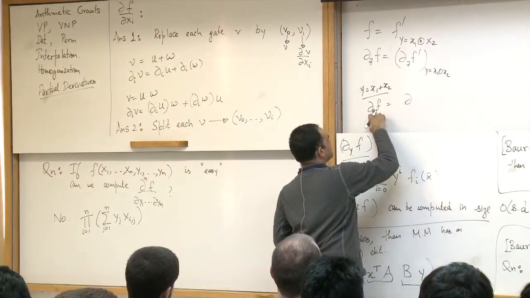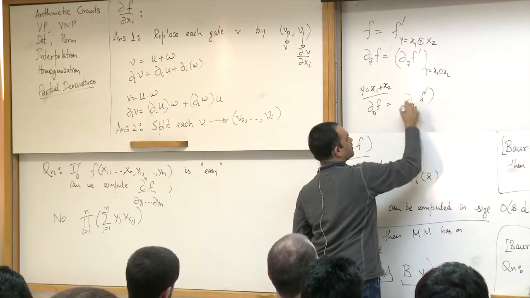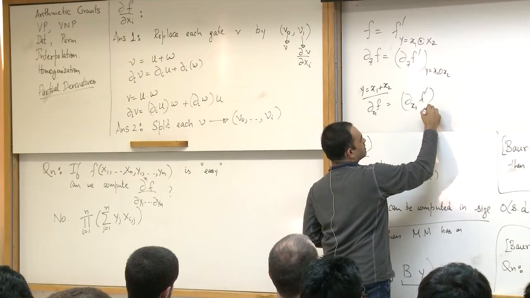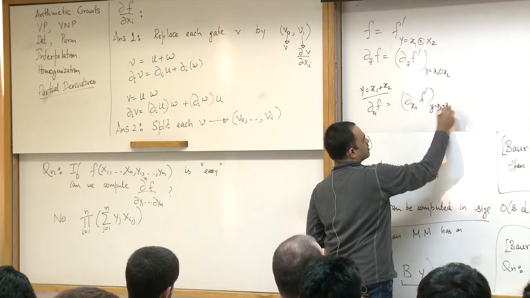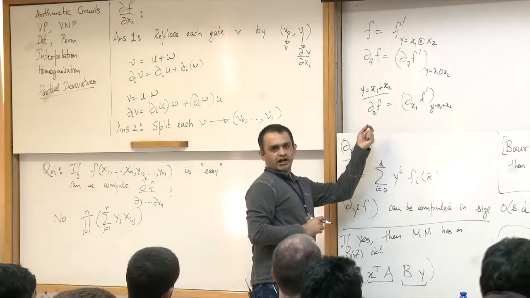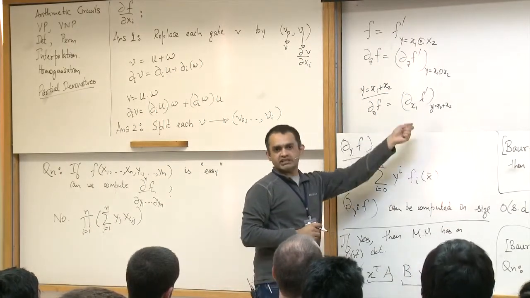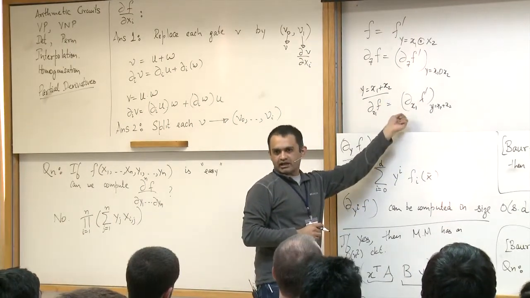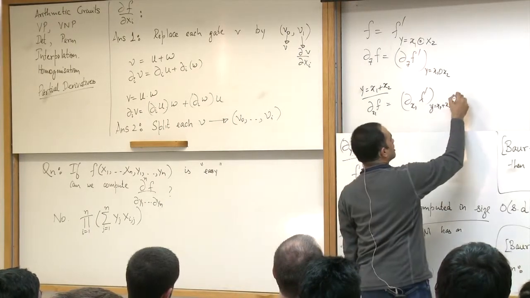Derivative with respect to x1 of f prime evaluated at y equals x1 plus x2, plus I now need to look at the derivative of f prime with respect to y, and then differentiate y with respect to this, right?